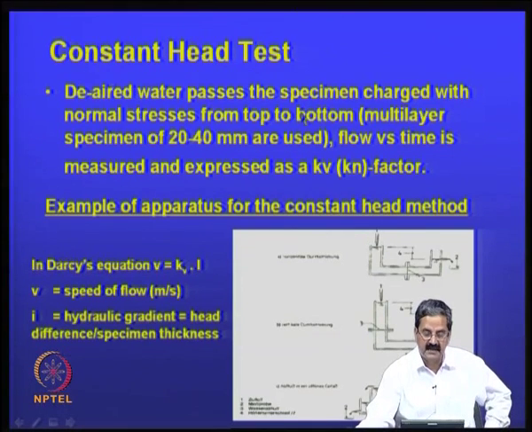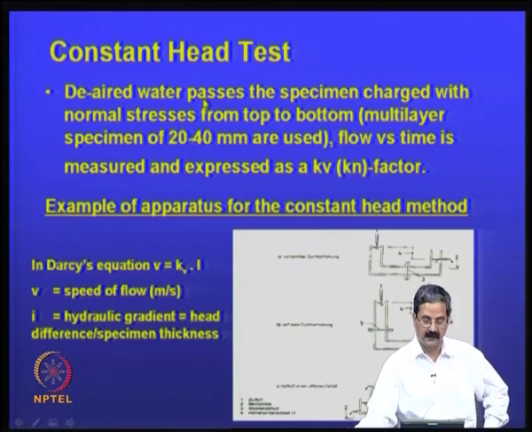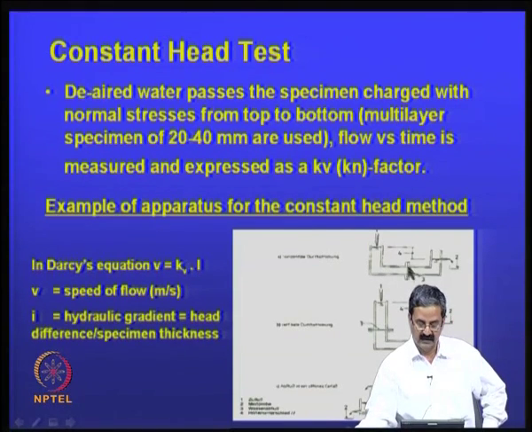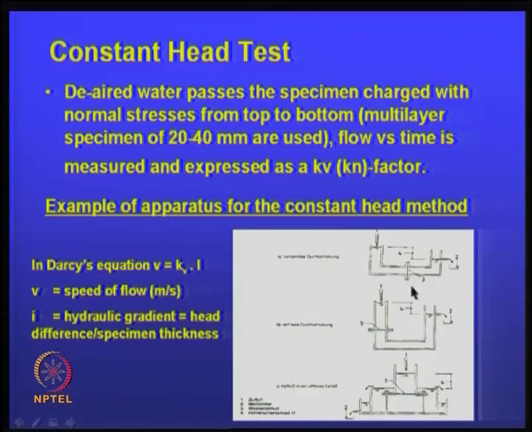There are some tests here unlike what we studied. You can see that this is a geotextile material. It is not a similar type to what we know in soils. Water passes through the charged specimen, so it comes like this, and then you measure this.